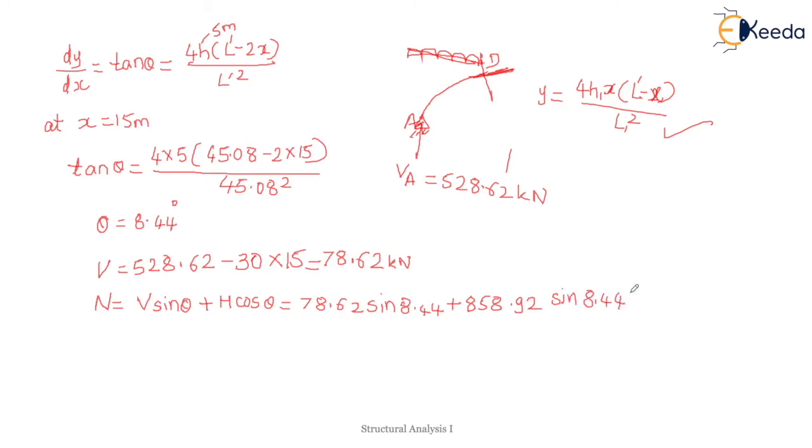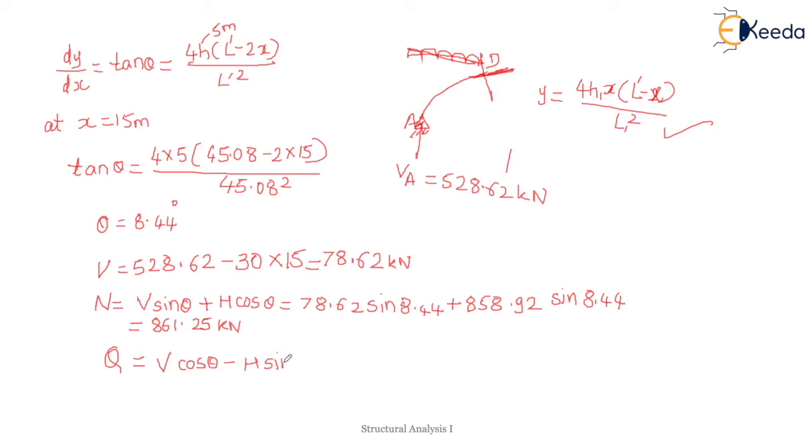So this will give an answer of 861.25 kilonewton. So that will be the normal thrust, and then the radial shear will be V cos theta minus H sin theta.